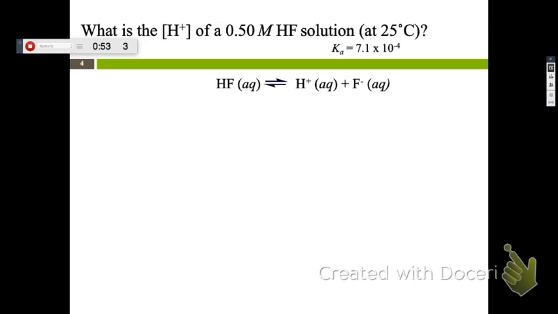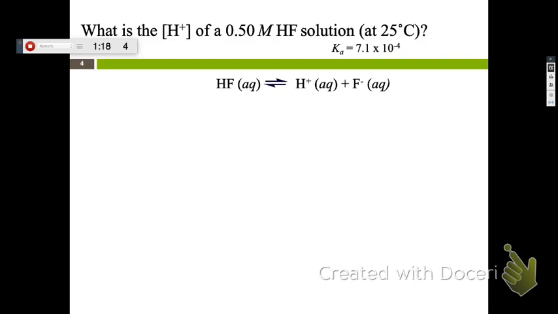Make sure to raise your hand if you get stuck. You should find out what the beginning concentrations are. The reactants are whatever is given, and the products should be 0.